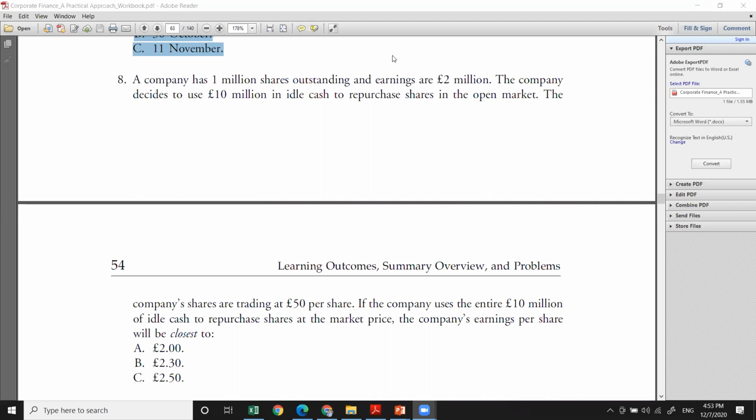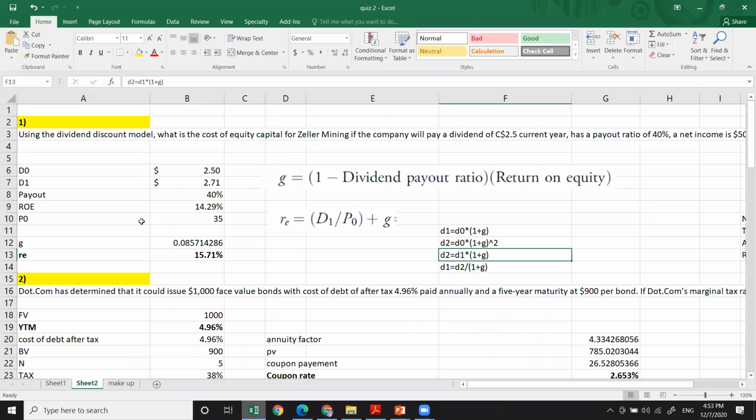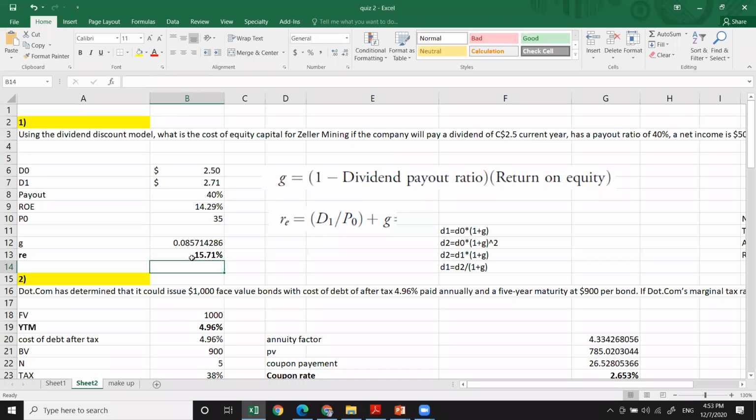Professor, I have a question. Yes, Adil. The last example you explained to us about the current year, but I still have the wrong answer in Excel. Okay, you mean this one? Yes, I have 16.33. I had different answers for different students.